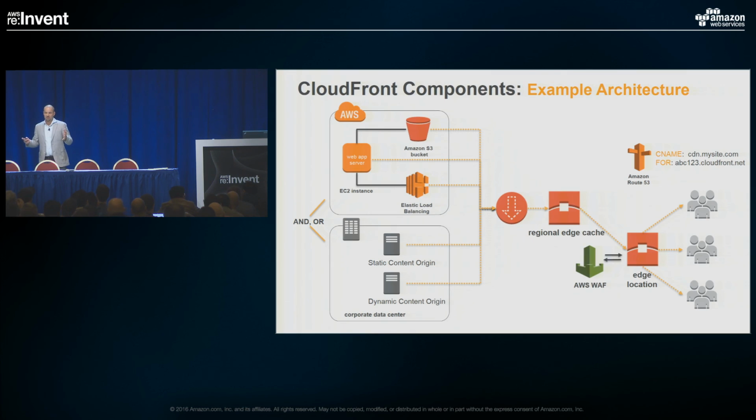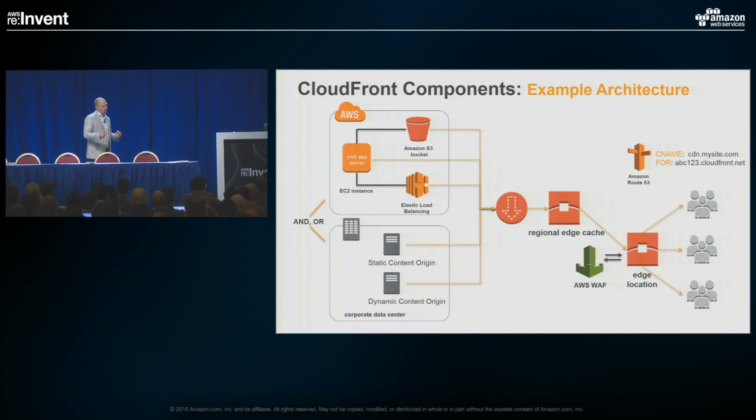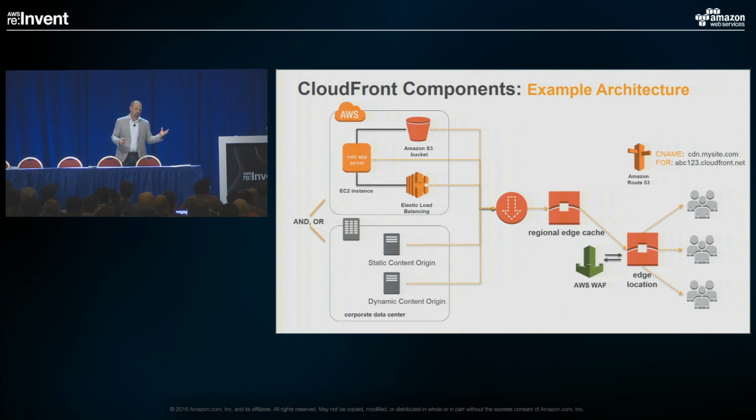So, an example architecture, putting that all together. Your web application is hosted either in AWS or it's hosted in your corporate data center for either static content or dynamic content. That entire application can sit behind CloudFront and a CloudFront distribution, or many CloudFront distributions. Those CloudFront distributions have a regional edge cache that's going to get the information upon request or proxy the communication back to your origin server.